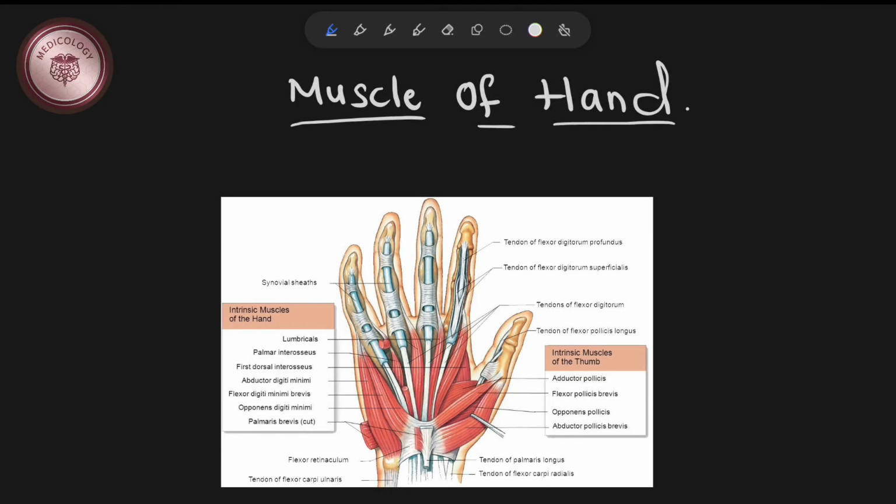Okay, let's start with the muscles of the hand. In the hand, we have a total of 20 muscles. We are categorizing them into 5 groups. First, thenar muscles.